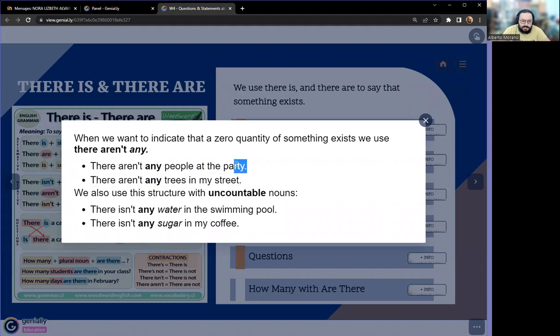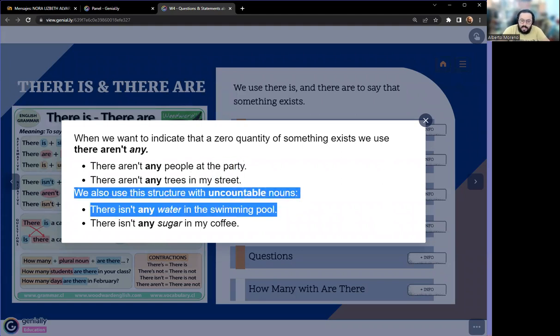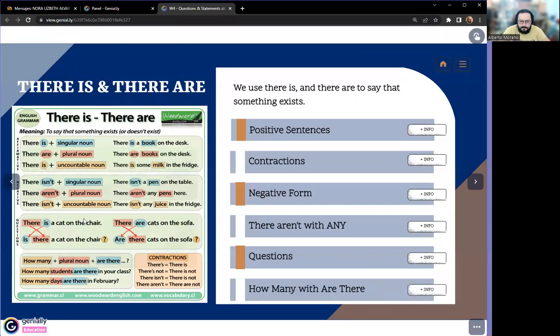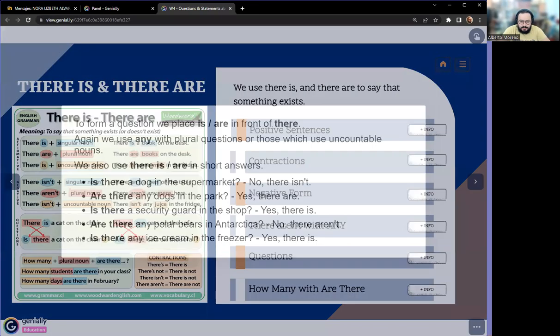There aren't any trees on my street. We also use the structure with uncountable nouns. For example, there isn't any water. There isn't any sugar in my coffee. Remember, this structure is used to express zero quantity of something. Zero, nothing.